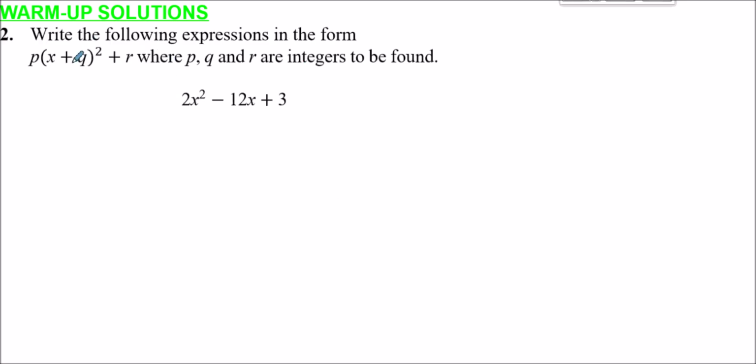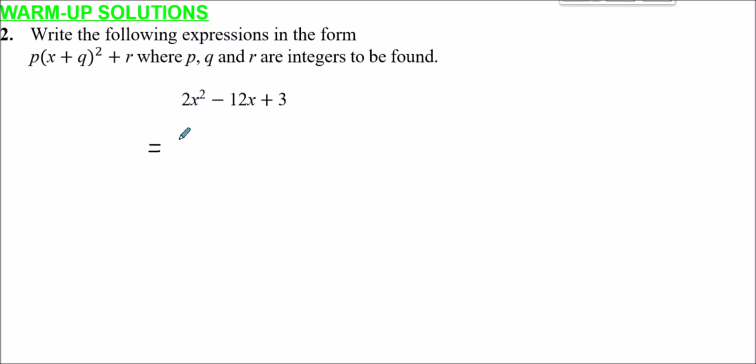Question 2, we need to write this in the following form, p brackets x plus q all squared plus r, where p, q and r are integers to be found. Don't let this one throw you. If you have a look at this form here, it's essentially completing the square. What we do, we complete the square when the coefficient of the x squared is unitary.